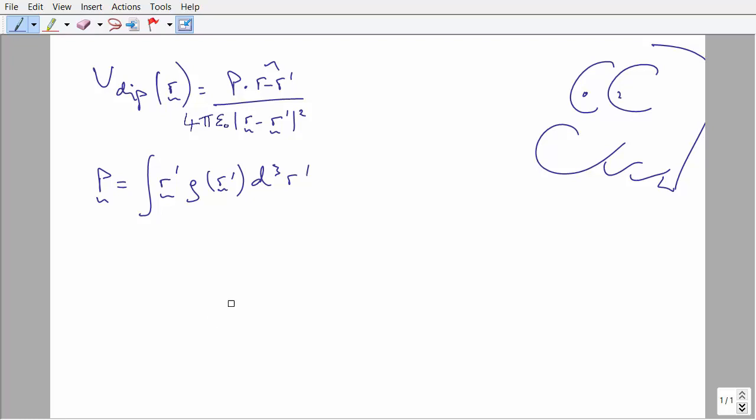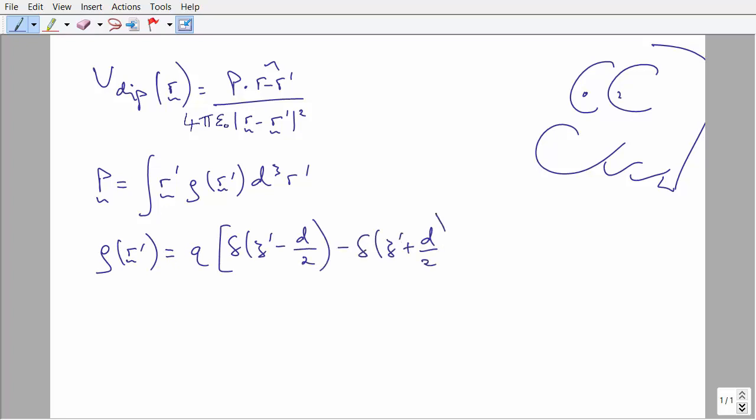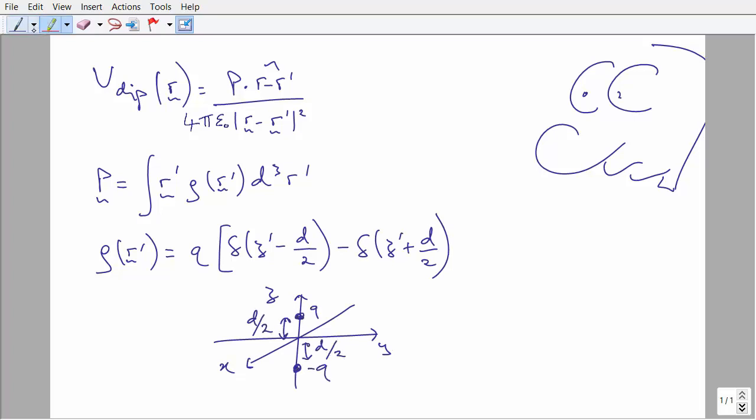So our charge distribution then is going to be given by the following formula. Right, so then here is the situation, here is our plus Q charge and here is our minus Q charge, and we're going to get the expression for the dipole potential.